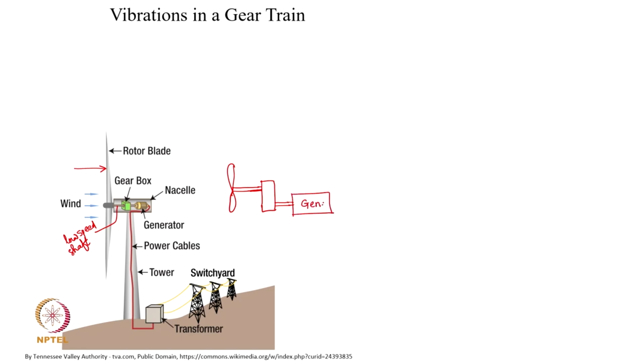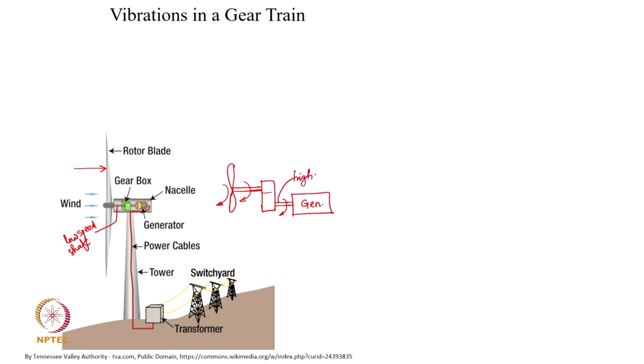Obviously, the rotational speed at the input is quite on a lower side, because the wind cannot impart sufficient energy to increase the speed to a higher speed of rotation. So, this, as I said, is typically the low speed shaft, and then through the gearbox you step up, and the speed here is going to be much higher. So, this is called the high speed shaft here.